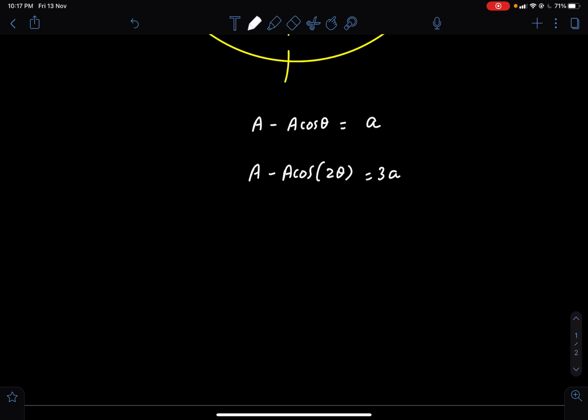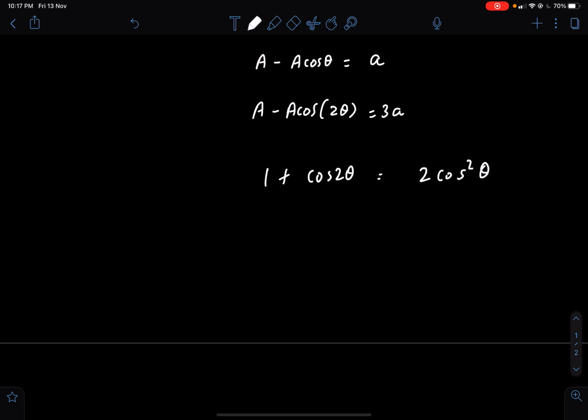So what we can do is form a quadratic, because we know that 1 plus cos 2 theta is equal to 2 cos square theta.